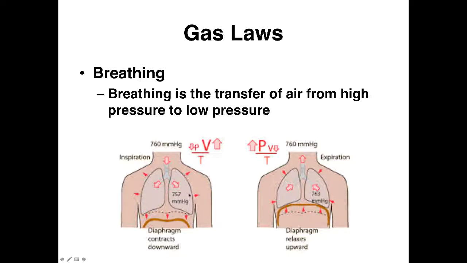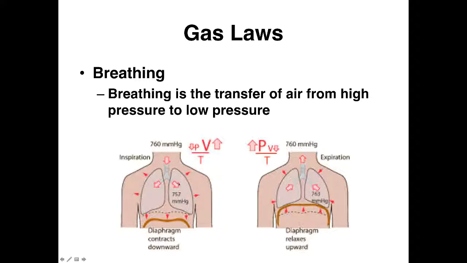And so what happens is you increase the volume, and as it says here, it decreases the pressure. So the pressure here becomes less than the pressure out here. And because the pressure inside the chest, inside the lungs, is less, air flows through the open nose, down the trachea, and into the lungs.